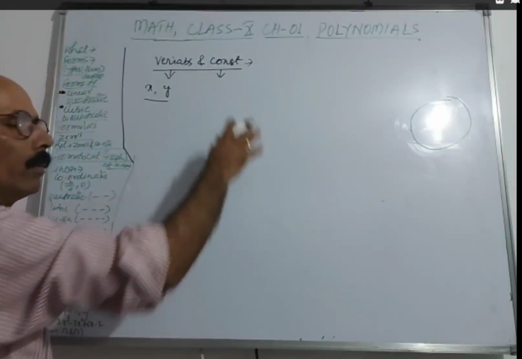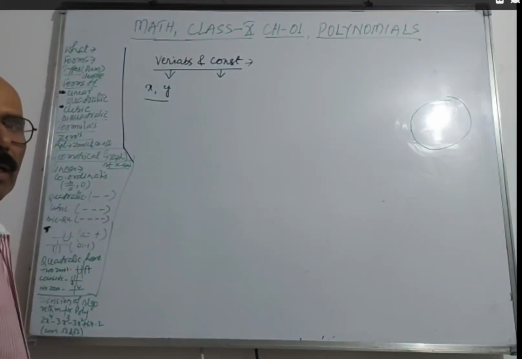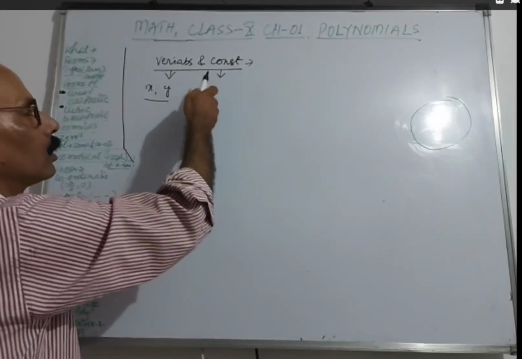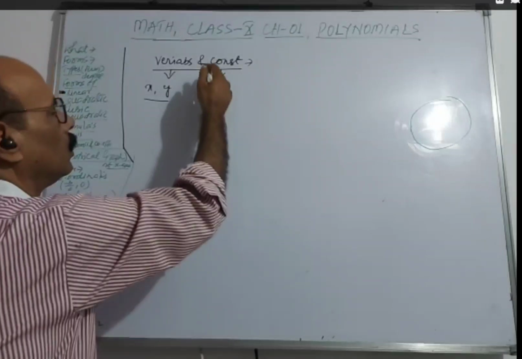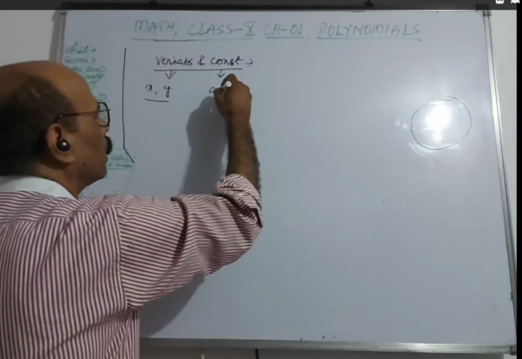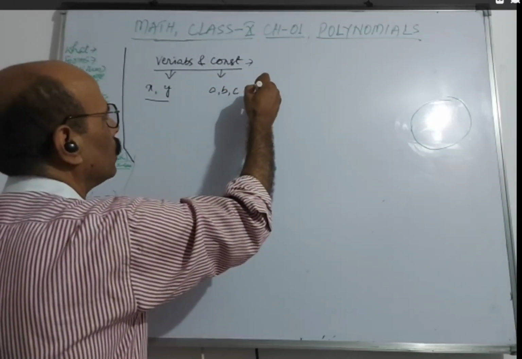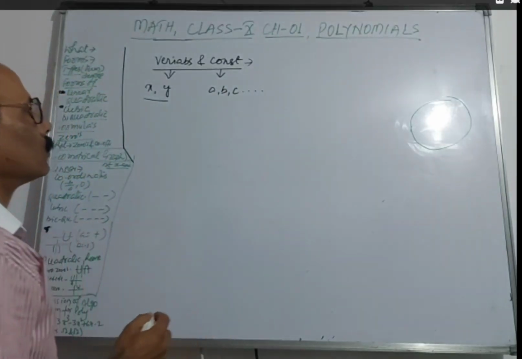Constant is generally a real number. If we denote this constant in any form, we use small letters a, b, c, and so on.